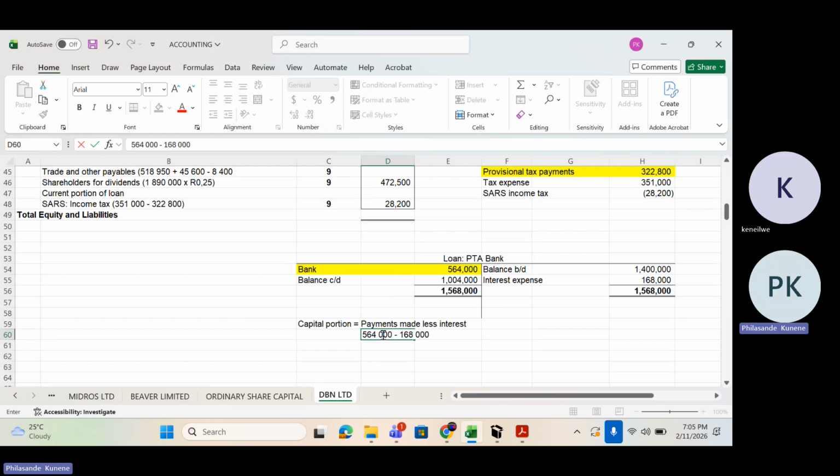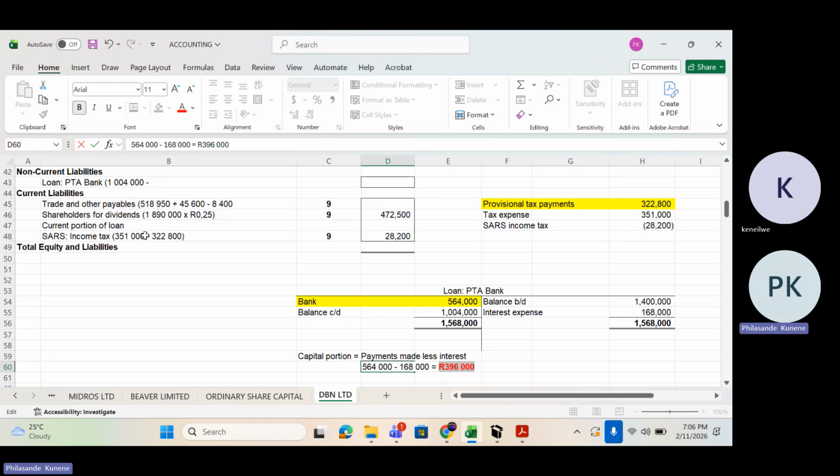How much am I going to get there? 564 minus 168, I'm getting 396,000 rands. Okay. 396,000, which means this 396,000 is going to be my current portion in this scenario.